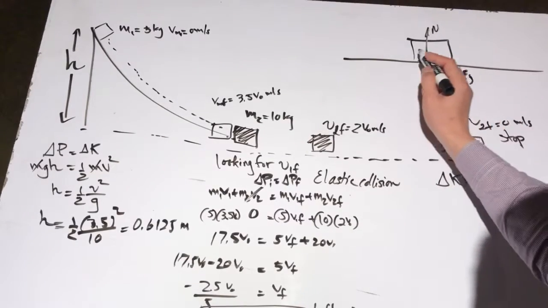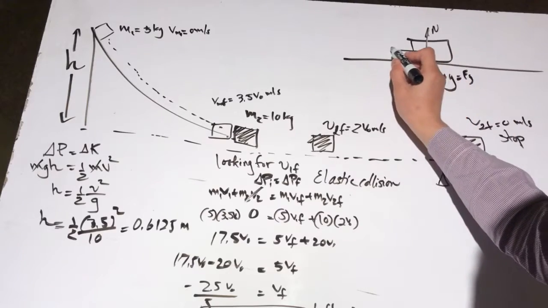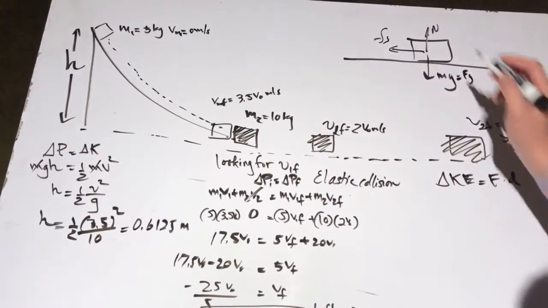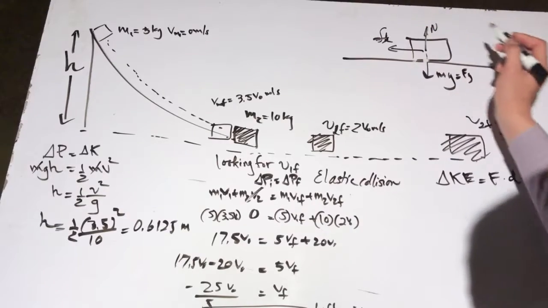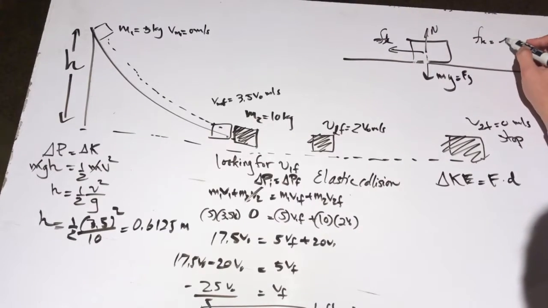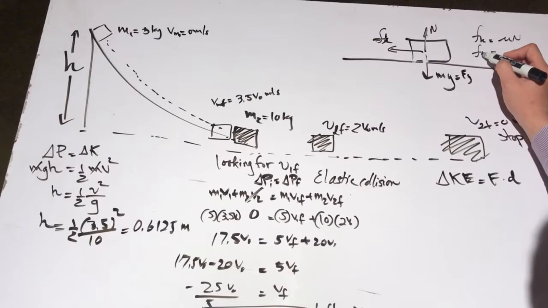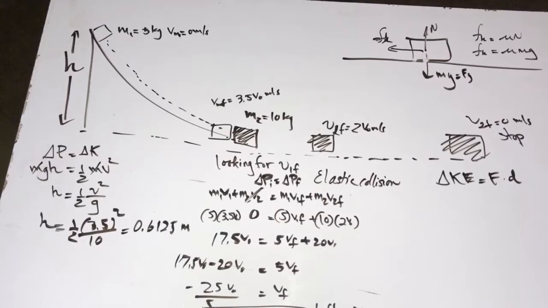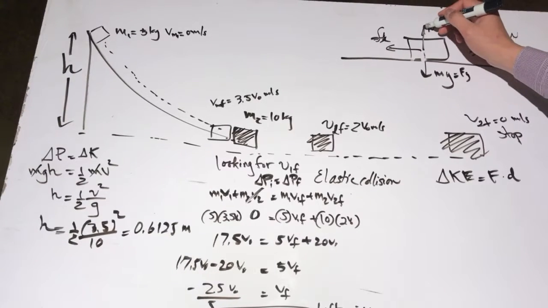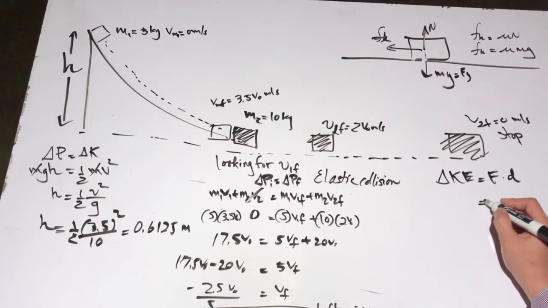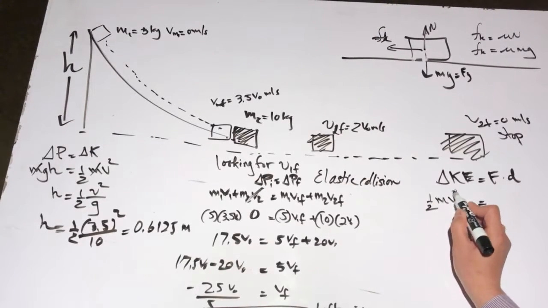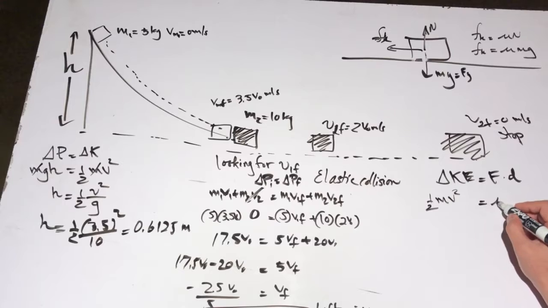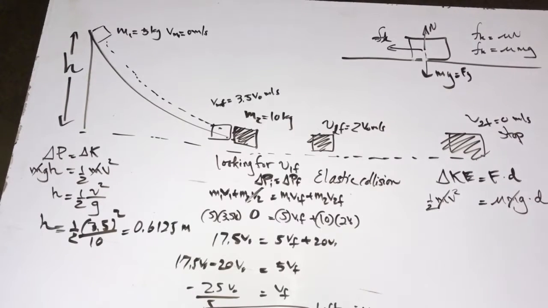The only force actually acting upon this one is the frictional force, which is equal to mu N. Fk is equal to mu mg, the same thing, because they're on the surface and you have to have the normal force. So 1/2 mv squared is equal to mu mg d, and the mass cancels.